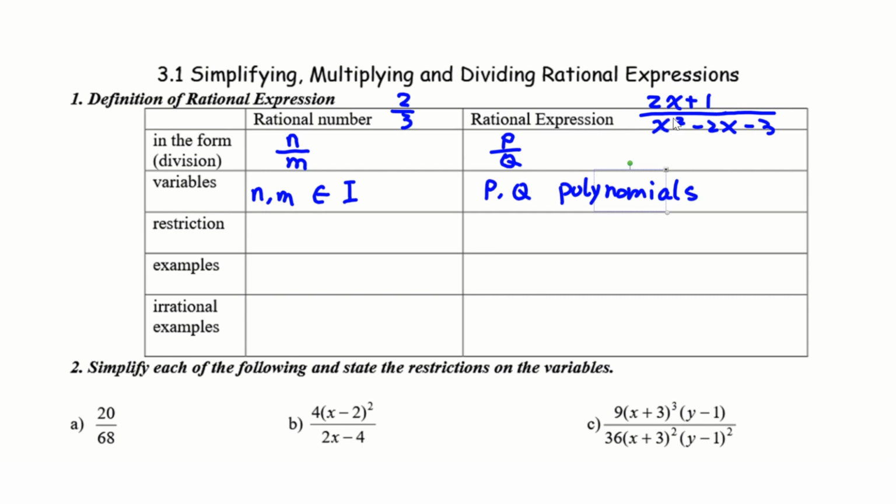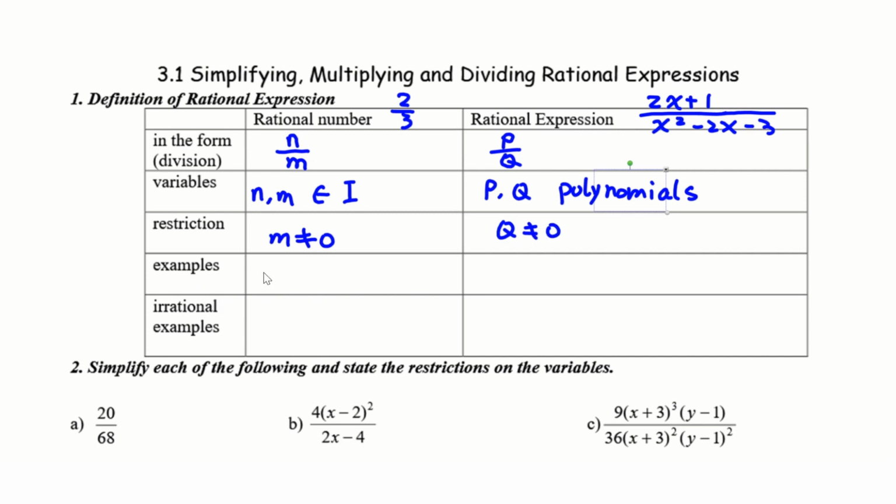Polynomials are expressions with degrees of x that are integers. And the restriction is that the denominator shouldn't be 0, so Q should not be 0.